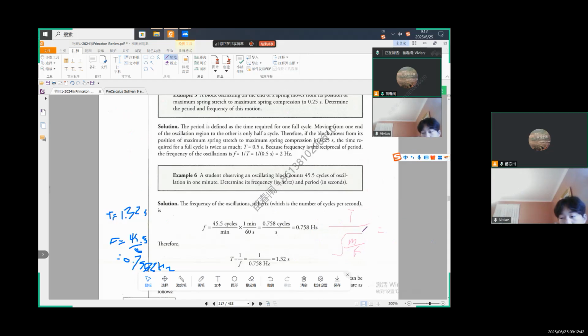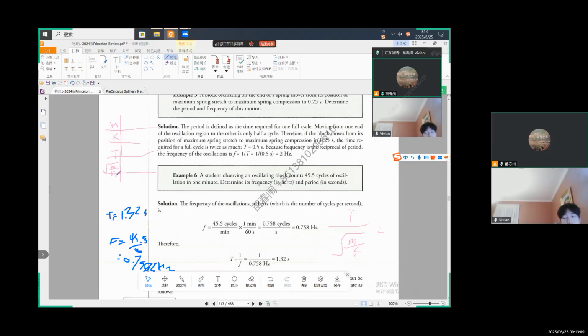But if you find the square root of M over K, let's say we have a lot of data, a lot of M, a lot of K, a lot of T, and it turns out those three don't have any pattern. But later when you find the square root of M and K, they do. Does that make sense?